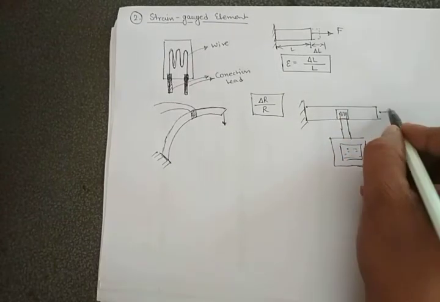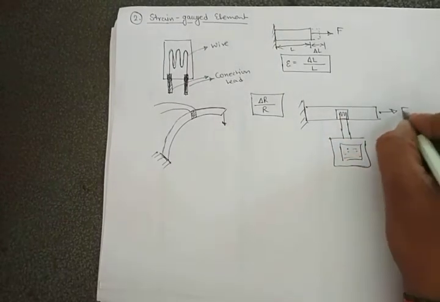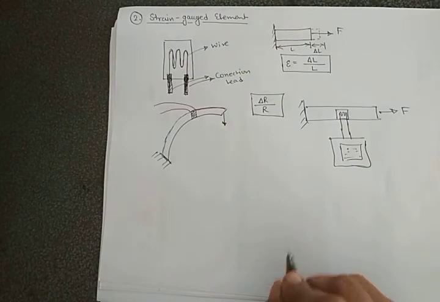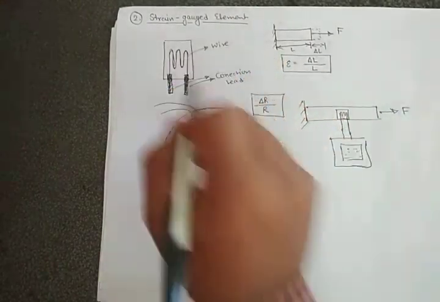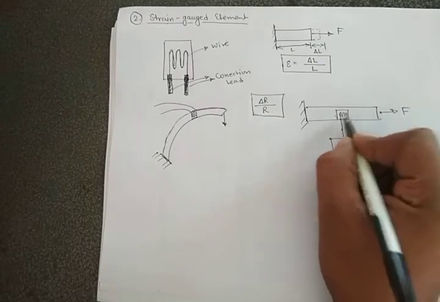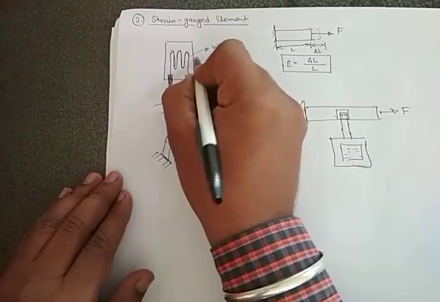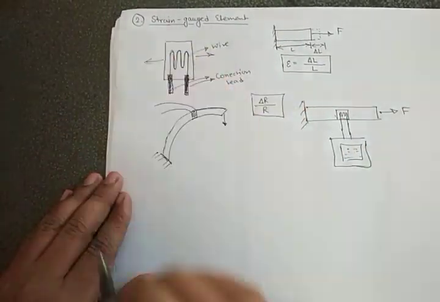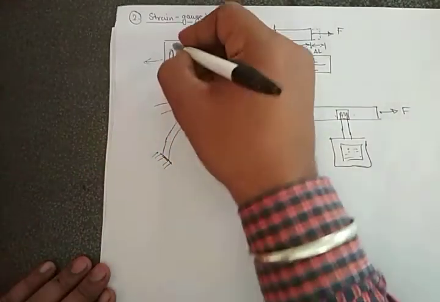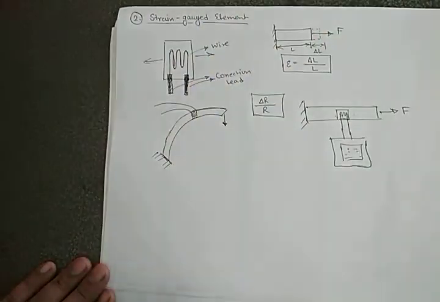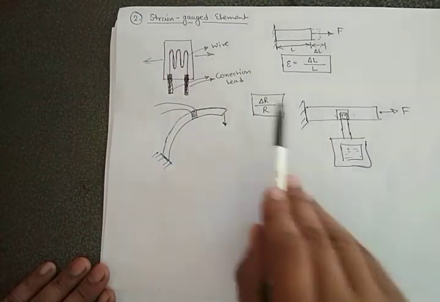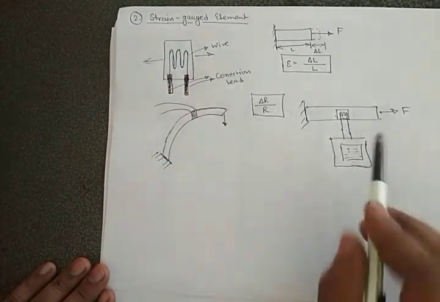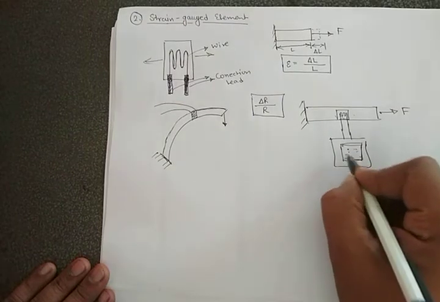Now if you apply some load on that body, what will happen? The resistance will obviously change. Why? Because the wire gets separated from its original positions. If you apply a load like this over here, that strain gauge will get separated. When it is getting separated, the resistance also changes, and that resistance we can observe here.